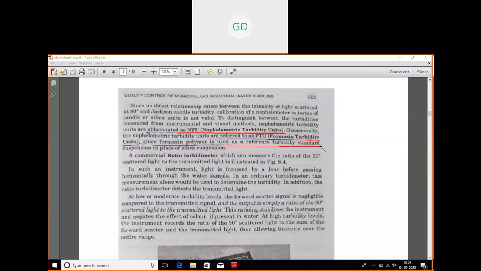We have learned that a silica scale is used, but if formazine is used in place of silica, then the unit is known as the formazine turbidity unit.